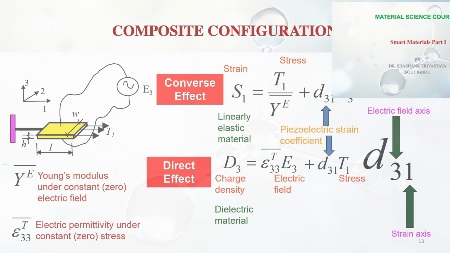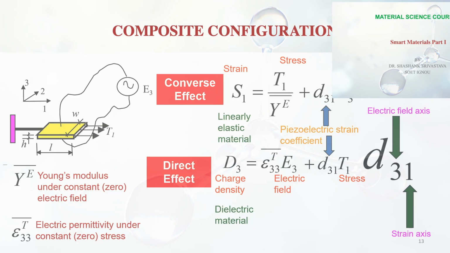Now it should be understood here that in the case of the Young's modulus of elasticity, we are using a bar and a superscript E. The superscript E indicates that the quantity is measured under zero electric field. The bar above the symbol Y indicates that it is measured in the dynamic condition.